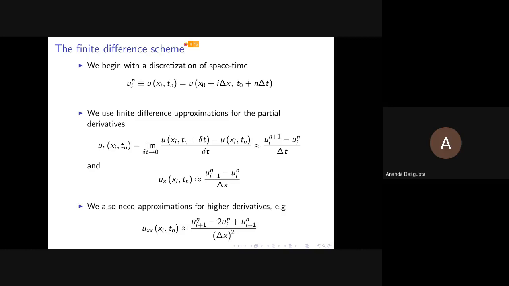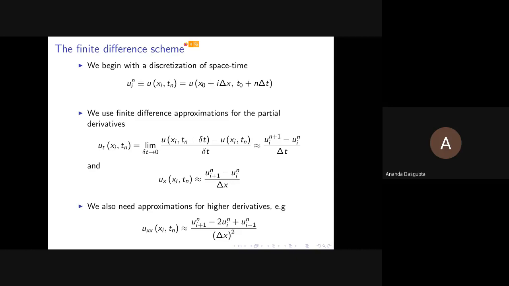Of course, we need u_xx. And I don't know whether anybody remembers this, but the second derivative can be approximated by this quantity. This is a spatial derivative, so you find the u to the left, find the u to the right, that's at i minus 1 and i plus 1, add the two together, subtract double the value of u here, and that gives you a good approximation to the second derivative when you divide that by delta x squared.